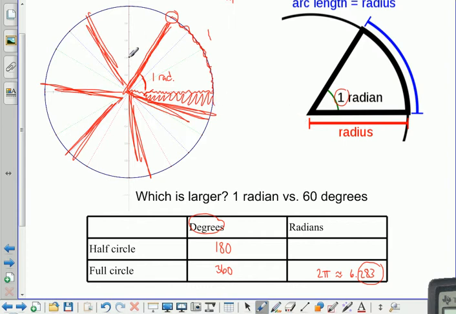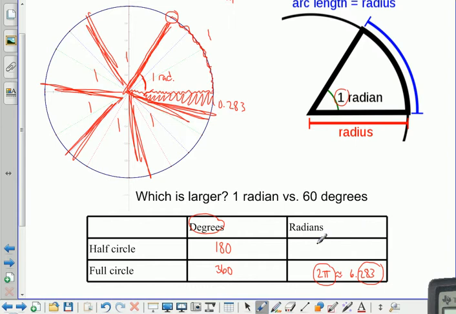Does that make sense? Six radians, and then here you would have 0.283 radians. But instead of being inaccurate with the decimal place, you'll be using radians in multiples of pi, or fractions of pi.